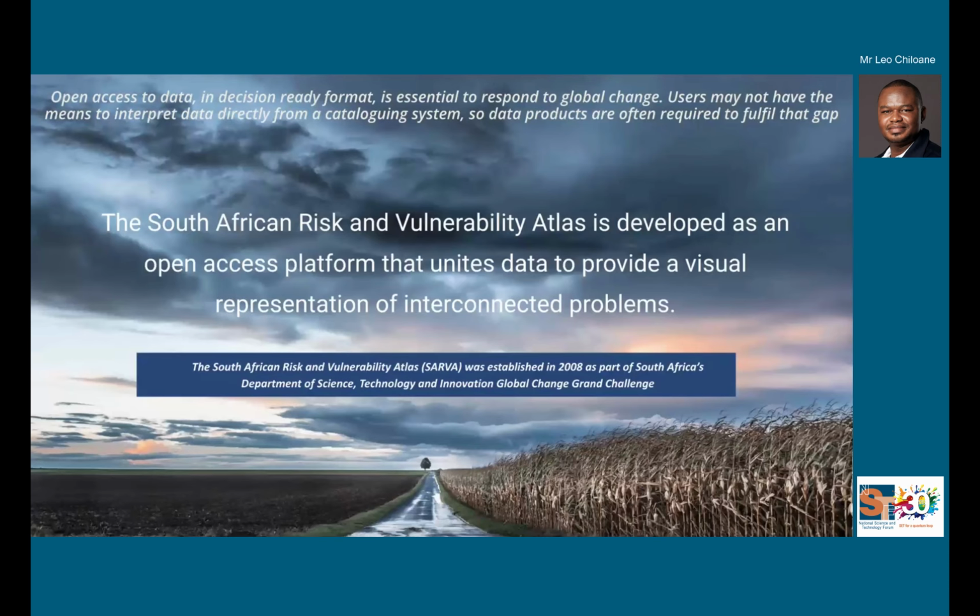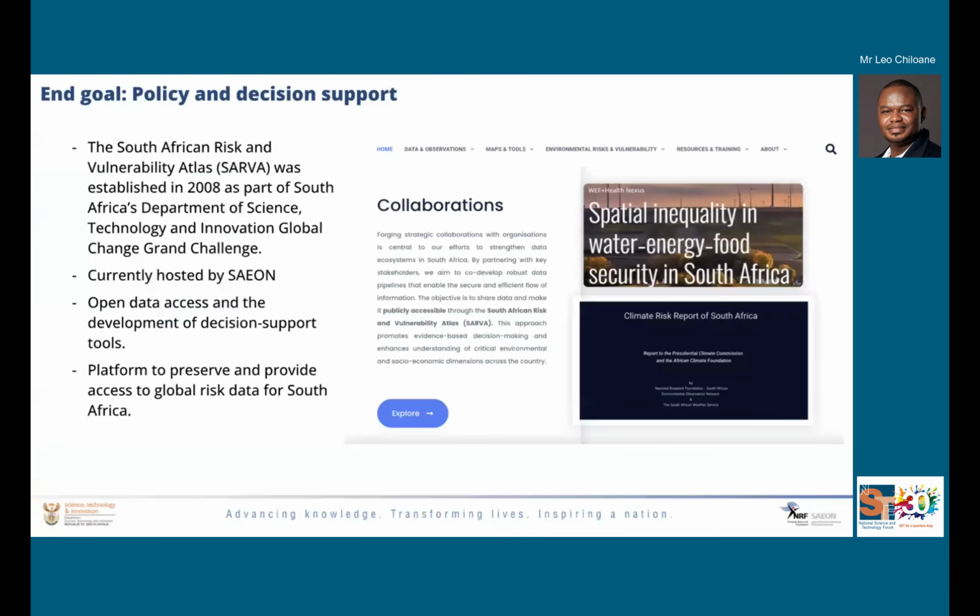And through this mechanism, we try to partner up with other organizations to build decision support tools that inform policy work. So, for example, last year we did a national climate risk report for South Africa.